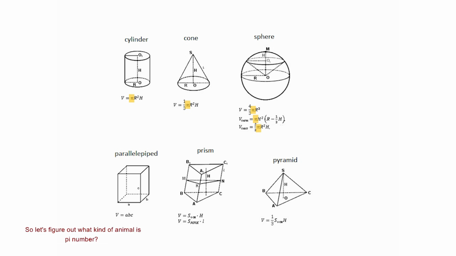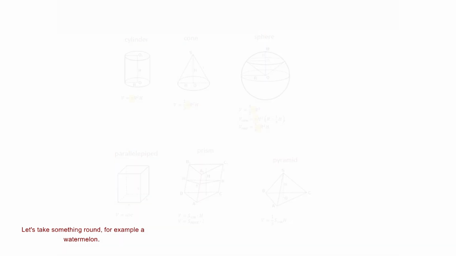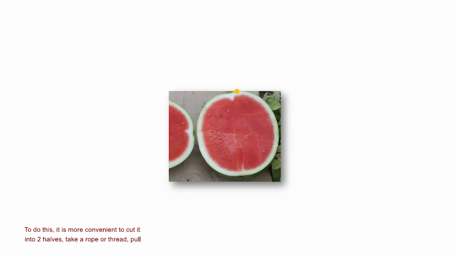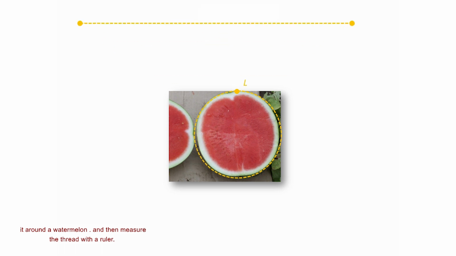So let's figure out what kind of animal the pi number is. Let's take something round, for example a watermelon. We need to measure the circumference, the perimeter of the watermelon. To do this, it's more convenient to cut it into two halves, take a rope or thread, pull it around the watermelon, and then measure the thread with a ruler.